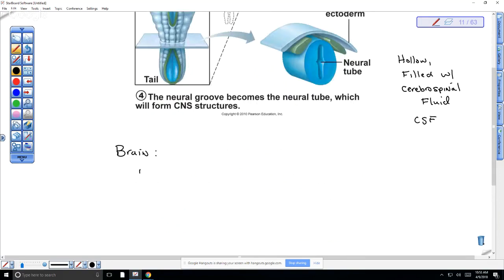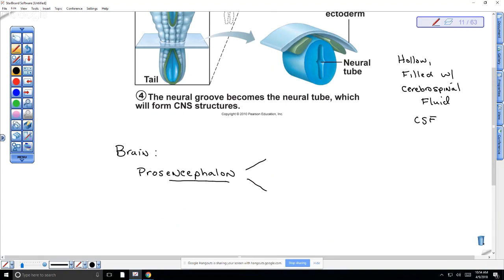When we look at the development of the brain, we want to talk about what is called the prosencephalon. Encephalon just means brain. When you talk about encephalitis, that's infection of the brain, by microbes, viruses, bacteria. So prosencephalon is the very first part of the brain. You need to know that there are two parts of this first part of the brain, so I'm going to branch it into two.